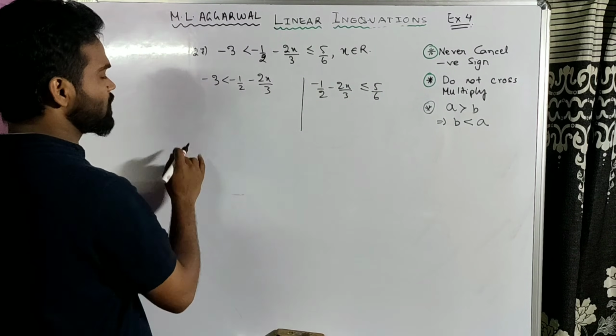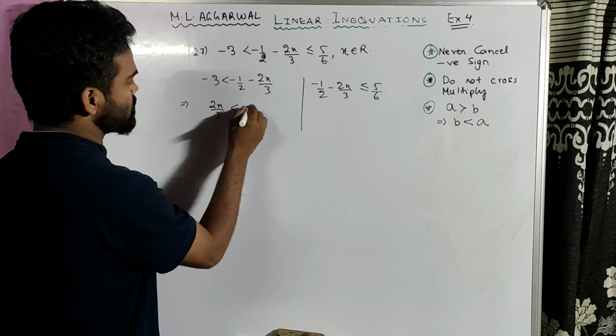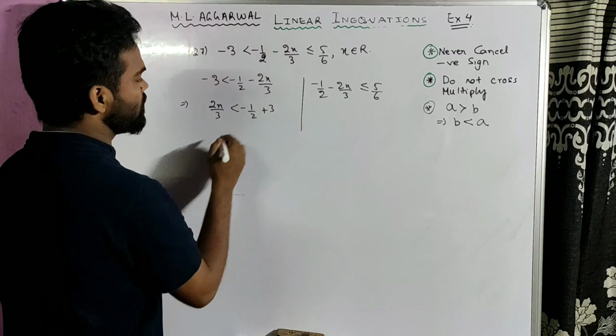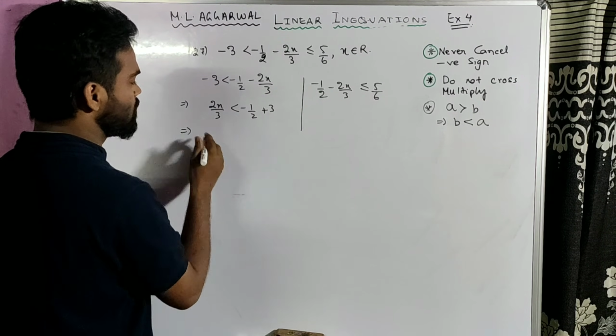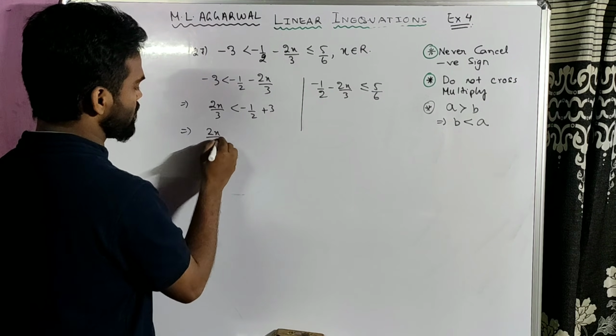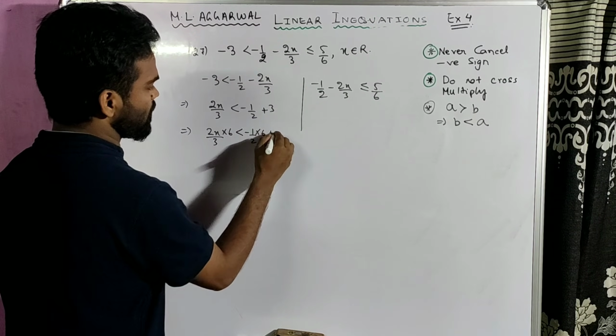First solve this. I'll bring 2x by 3 on this side, so this becomes minus half plus 3. I'll multiply by 6 to remove the fractional part, the denominator. So 2x by 3 into 6, half into 6, plus 3 into 6.